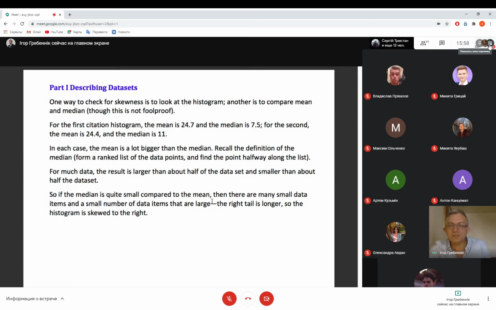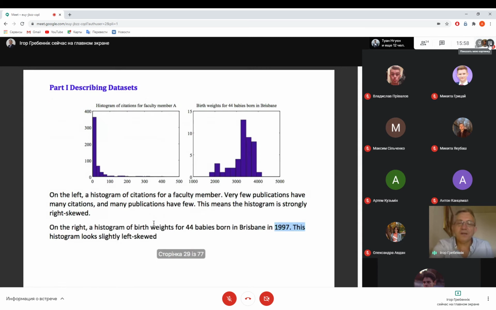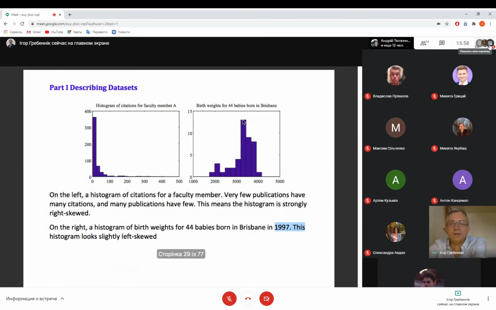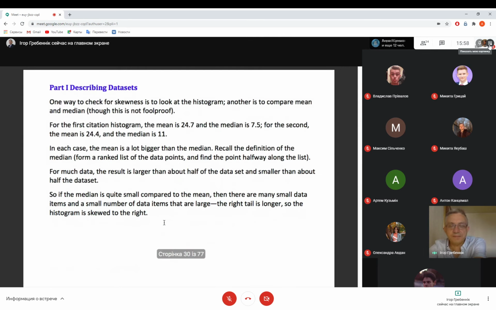The right tail is longer, so the histogram is skewed to the right. So we have at least two opportunities: either compare mean and median, or analyze the histograms by eye.